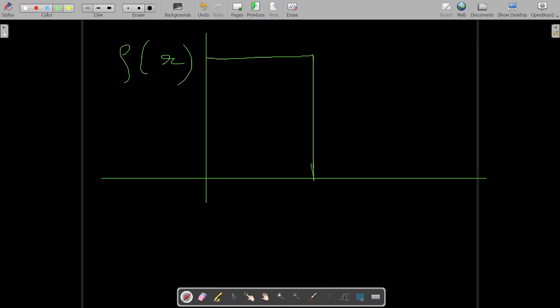Now actual charge distribution is like this. This dotted line shows your actual charge distribution.